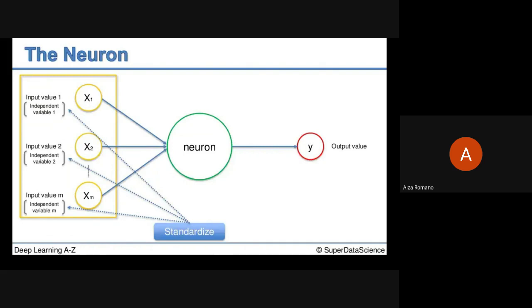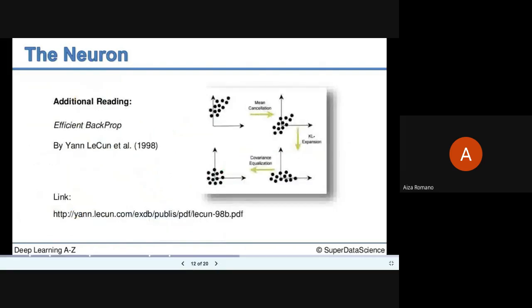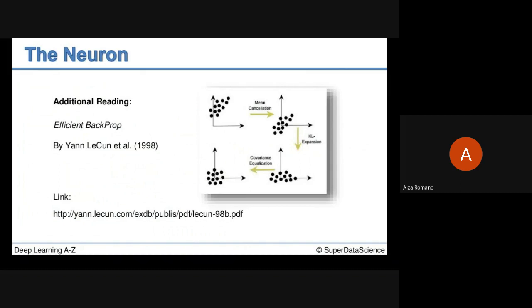And if you want to read more about standardization, normalization, and other things you can do with your input variables, a good additional reading paper is called Efficient Backprop by Yann LeCun, 1998. The link's over there. We're actually going to talk about Yann LeCun in the part of the course where we're talking about convolutional neural networks.